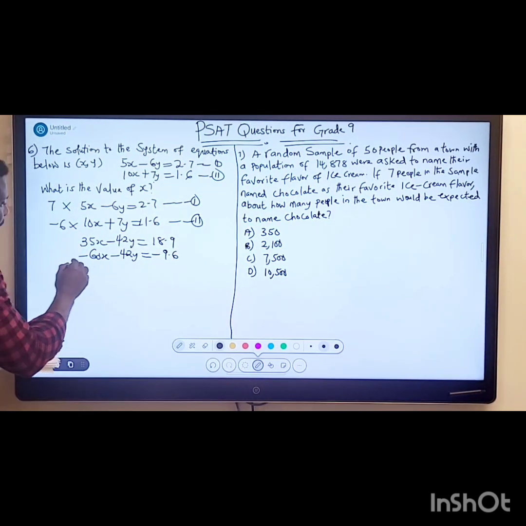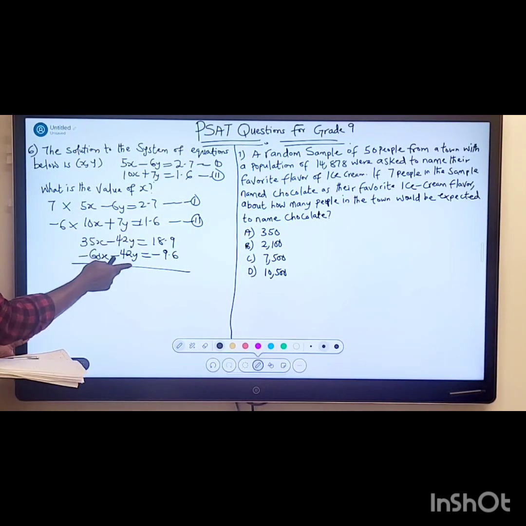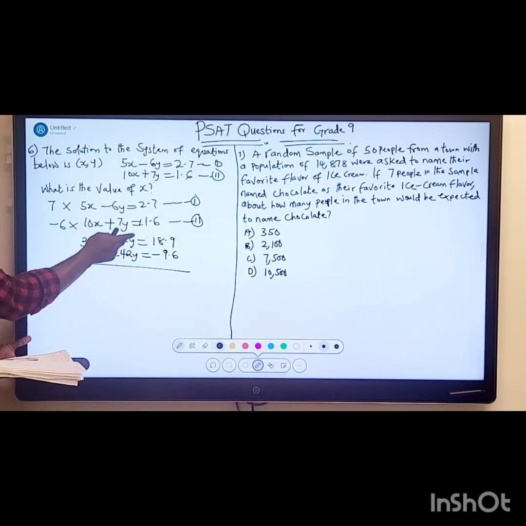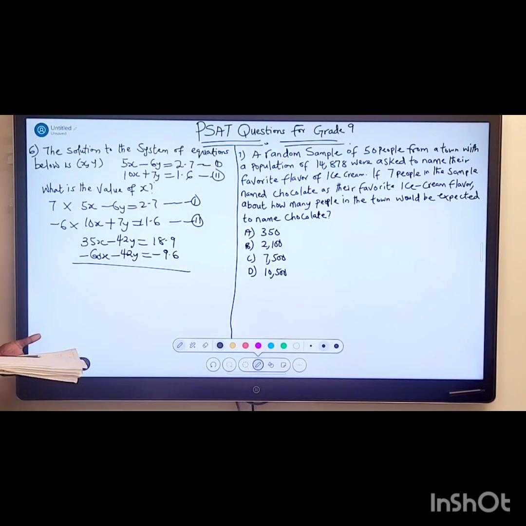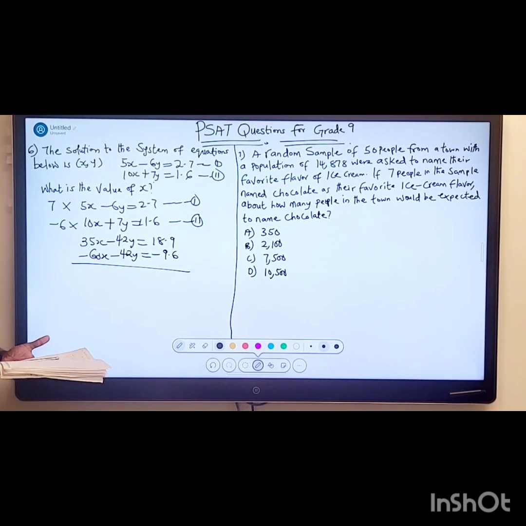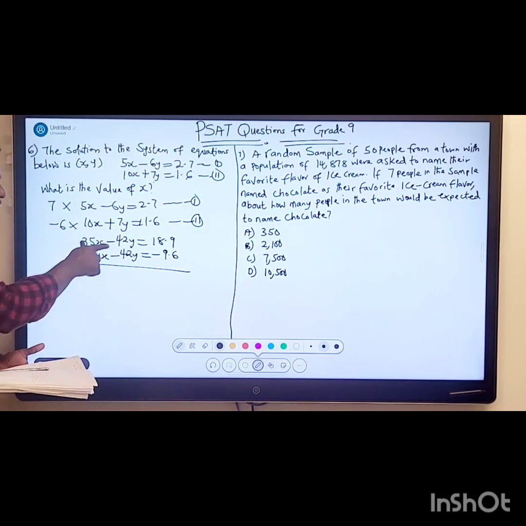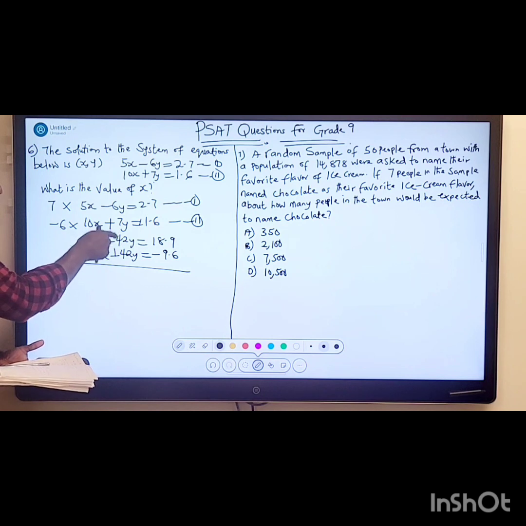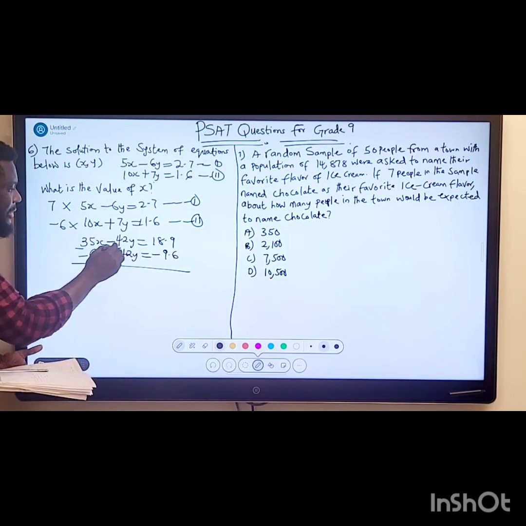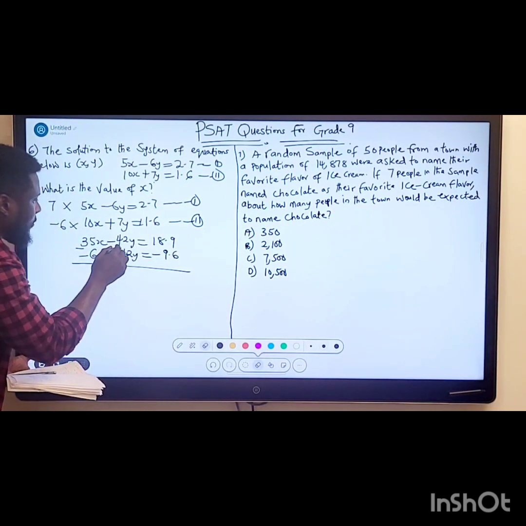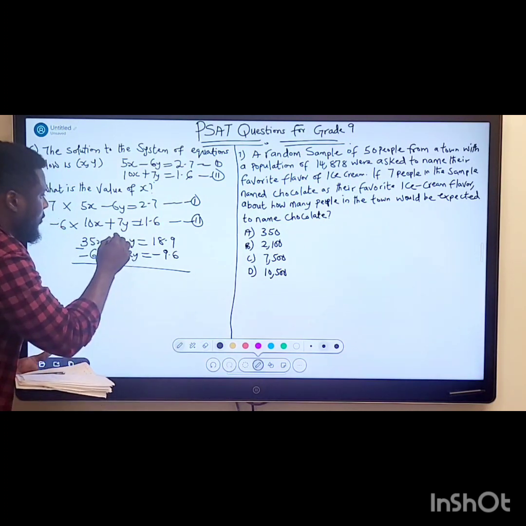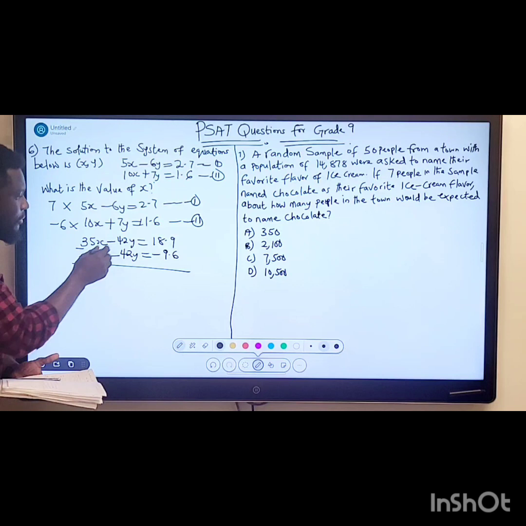Now, what can we do? Since we have 42y in both equations, we eliminate it. That means we have to subtract. If you subtract, 42y minus negative 42y gives us 0.